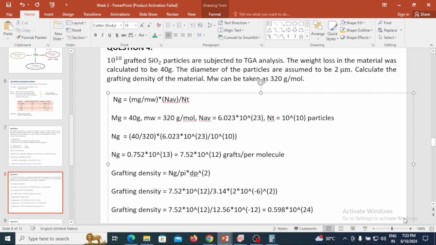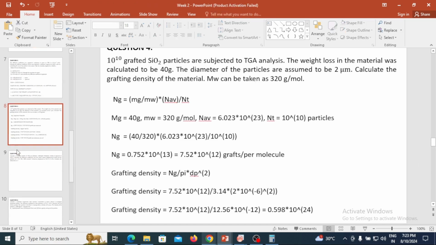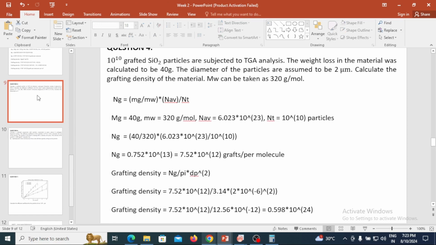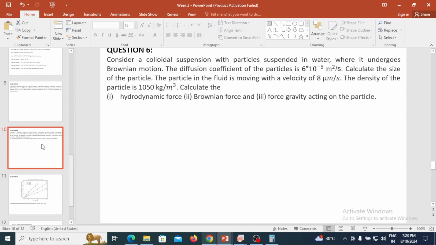So this is a very straightforward question where you just need to play with the calculator. So moving to the next question, or before this we will go to this question, because this is about calculation of forces. So yeah, this is also another straightforward question.